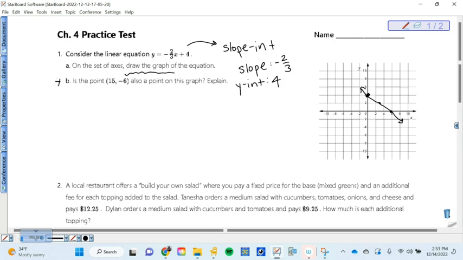Part B is going to be extra credit. There's going to be another question like that that's for extra credit. I'll tell you one thing.